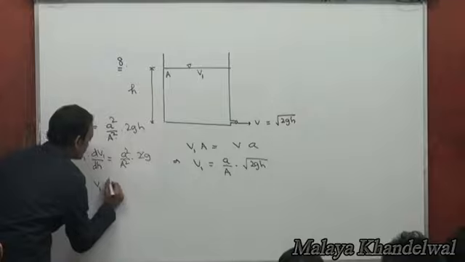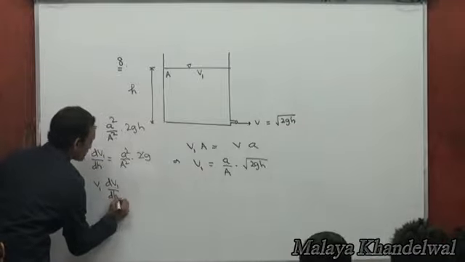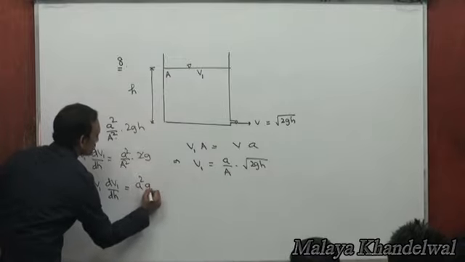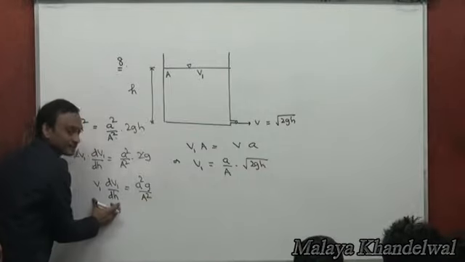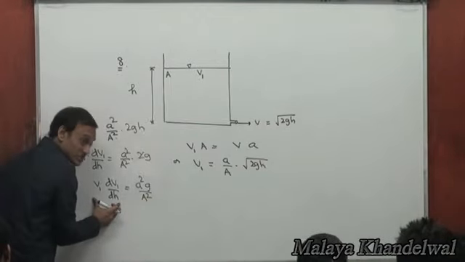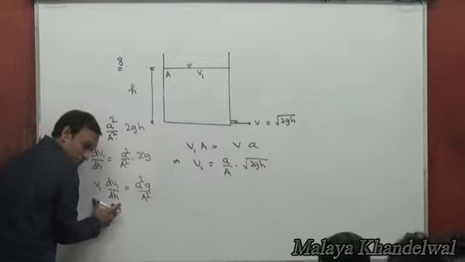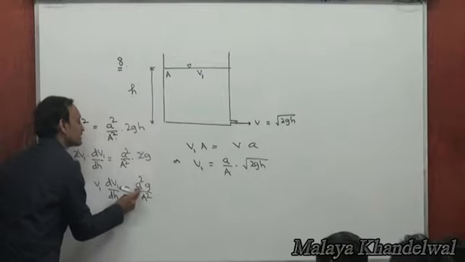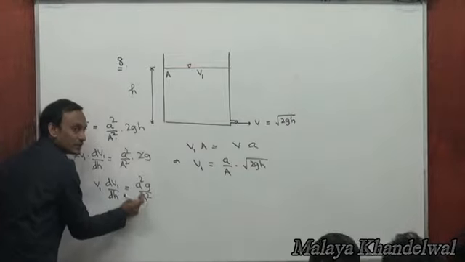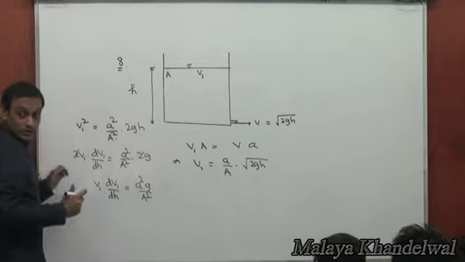So V1 dV1/dH, don't you think this is a measure of the retardation? a squared g by A squared, that will measure the retardation. So the retardation would be of magnitude a squared g by A squared, right?